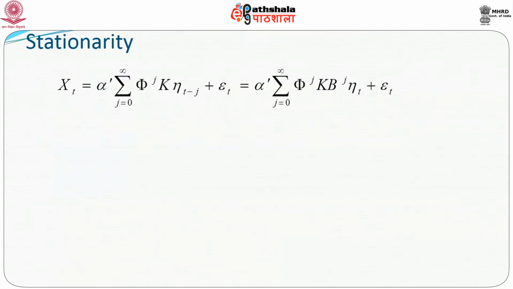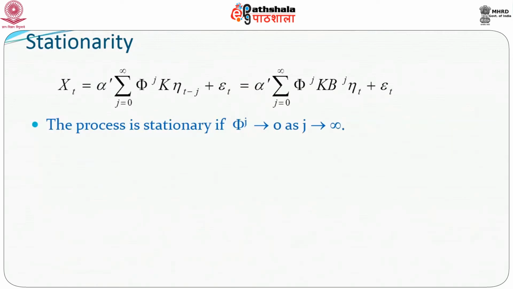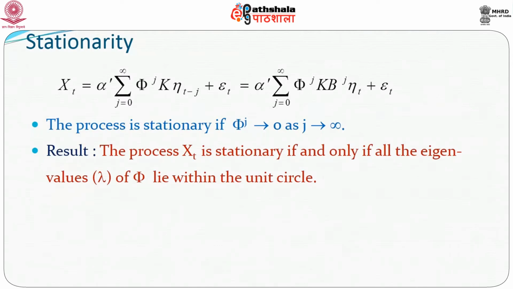The process is stationary if Phi^j tends to 0 as j tends to infinity. This is similar to what we have seen in the case of the autoregressive or the ARMA processes. So, the result is the process x_t can be said to be stationary if and only if all the eigenvalues of Phi lie within the unit circle.